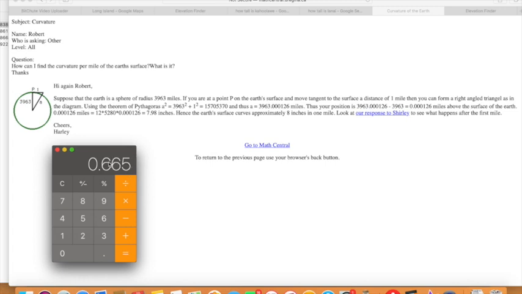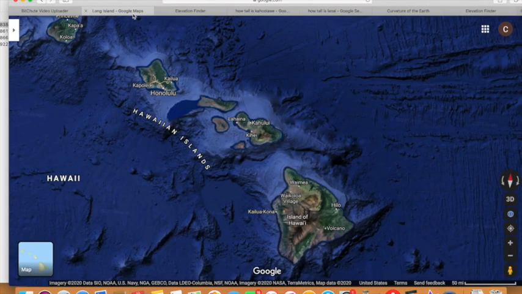Let's remember this value. We multiply this 0.665 by the number of miles measured that are squared. Like I said, there are many other websites that explain that and do it for you, so you can look up and make a comparison.